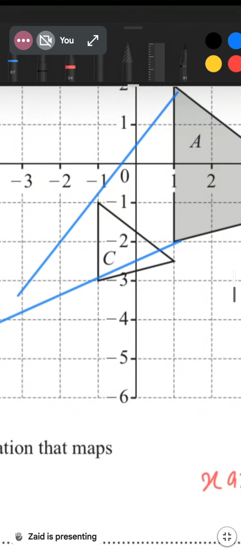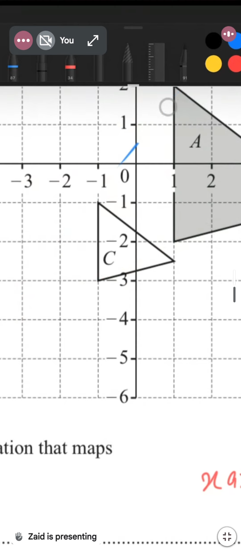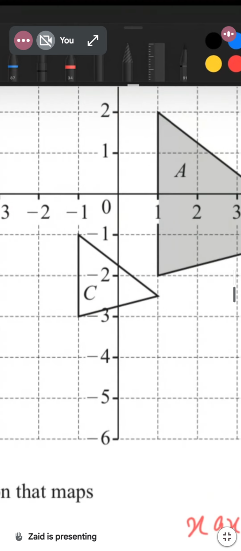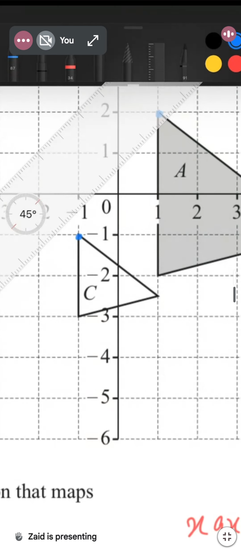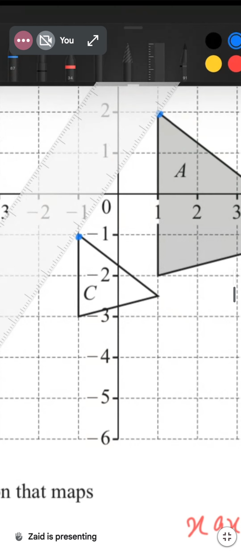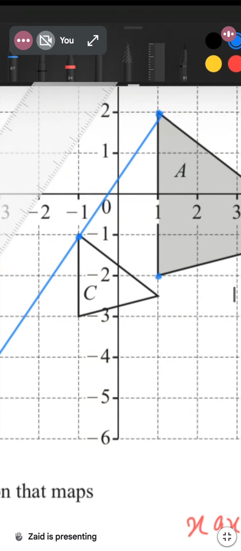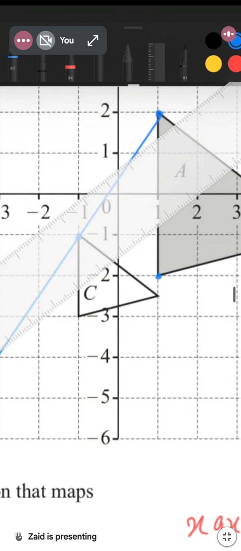Okay, let me go. Corresponding side to corresponding side. Okay, this has to be joined with this. Okay, and this one has to be joined with this.